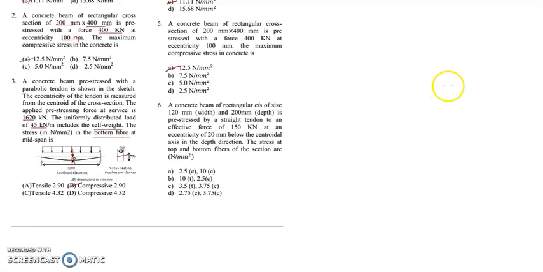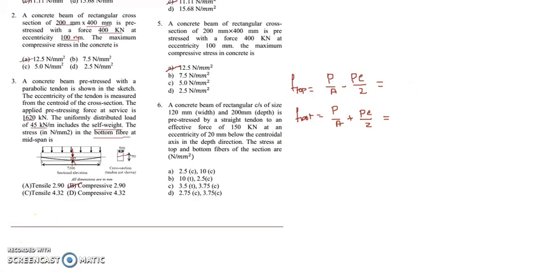Okay, so for the top, it is P by A minus PE by Z. For the bottom, this is F top and this is F bottom, so this is P by A plus PE by Z. Because above the neutral axis this will be under tension, and below the neutral axis this will be under compression because of the eccentricity.